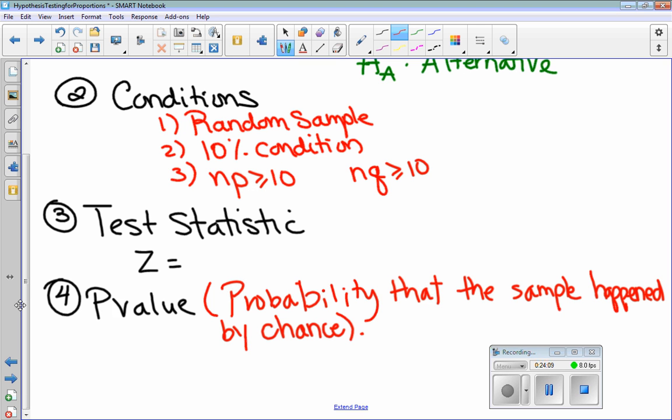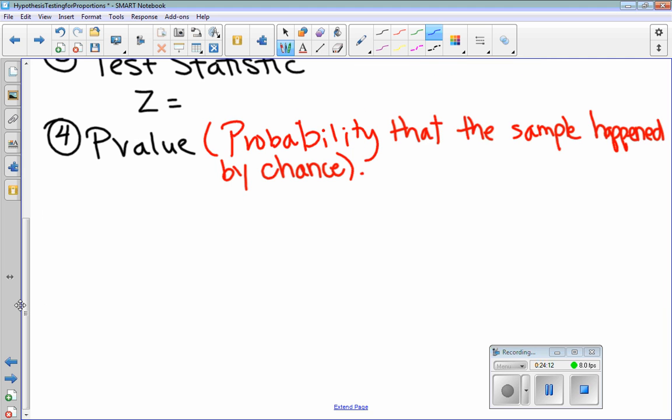Okay? So I'm going to write that down because it's kind of important. The smaller, and I'm even going to say specifically how small. Remember with confidence intervals, we had 95% confident or 99% confident. Those confidence levels correspond to something called an alpha level with hypothesis tests. So we usually say that 0.05 alpha corresponds to a 95% confidence interval, and an alpha of 0.01 would correspond to a 99% confidence interval.